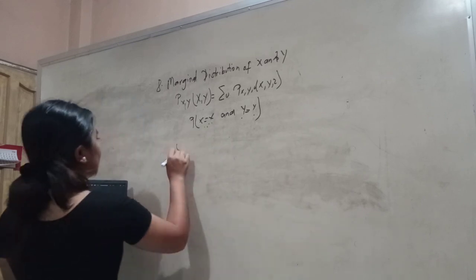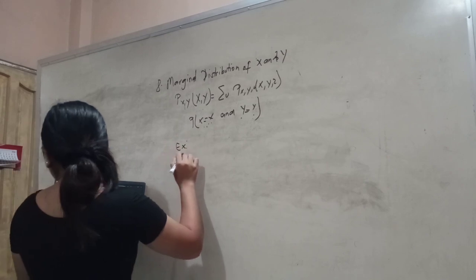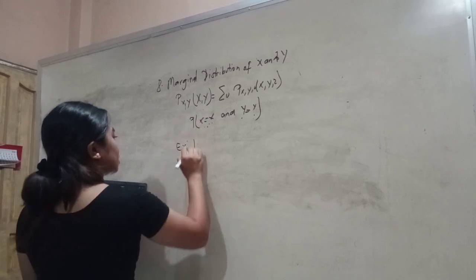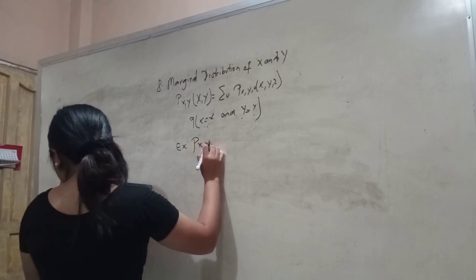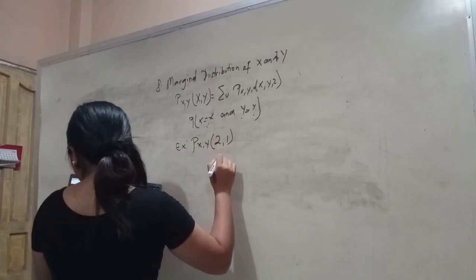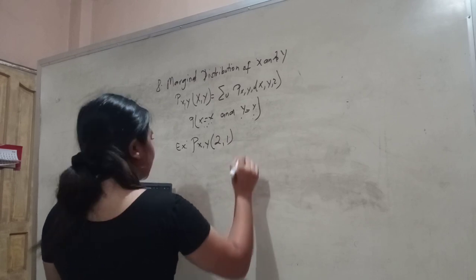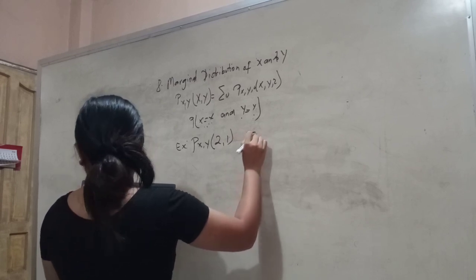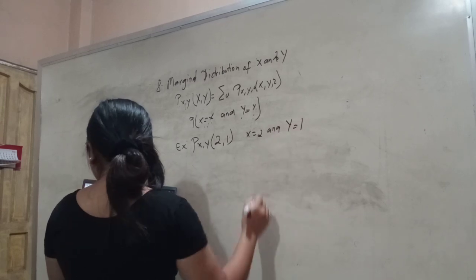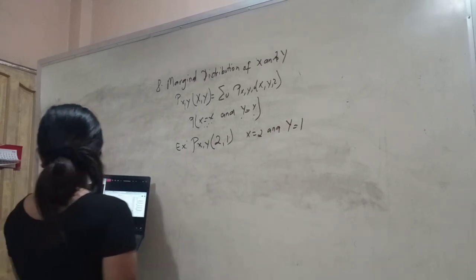For example, p(2, 1) would give the probability that x is equal to 2 and y is equal to 1, regardless of what z equals.